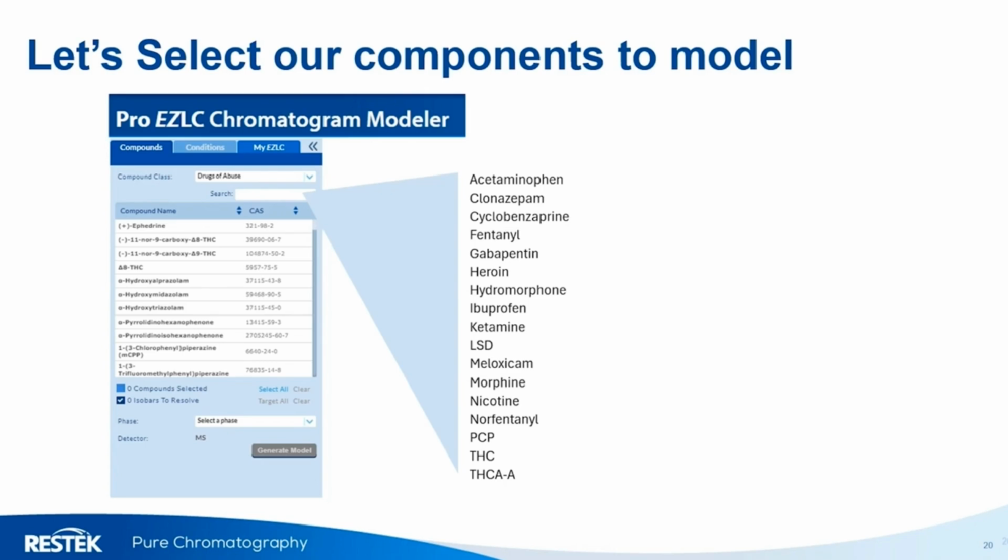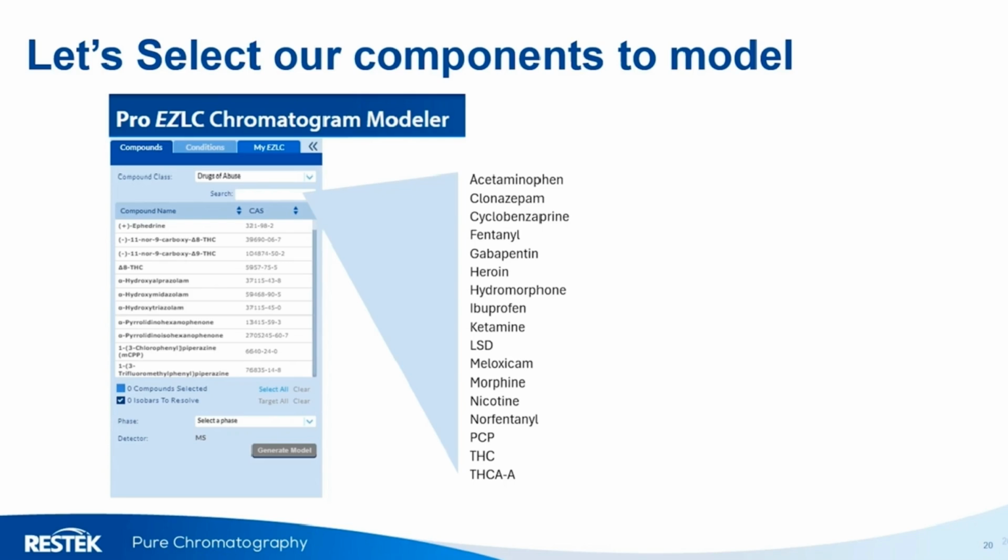When we choose them, the analytes will turn blue on the list, stating that they've been chosen. You can also search by aliases or CAS numbers to find the correct analyte. As analytes can have multiple names, the CAS number is the most accurate way to find the exact compound.